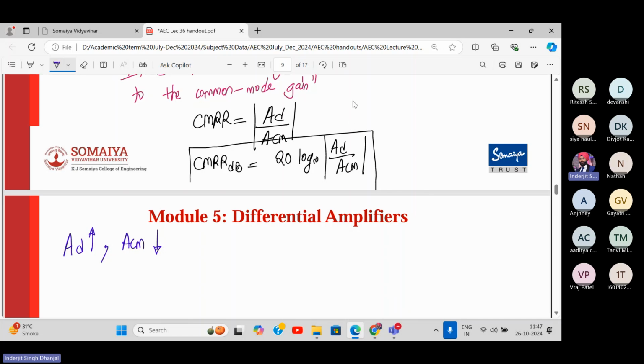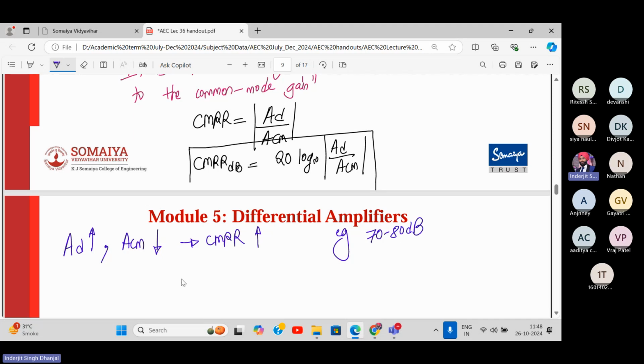So if the numerator is increasing and the denominator is decreasing, what happens to CMRR? It increases. So overall CMRR will improve. A typical example ranges from 70 to 80 decibels.